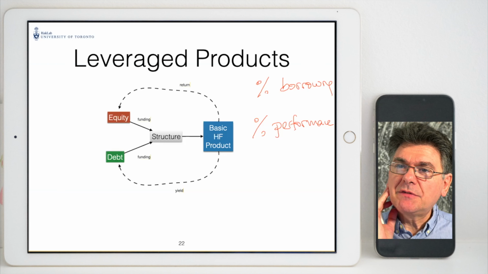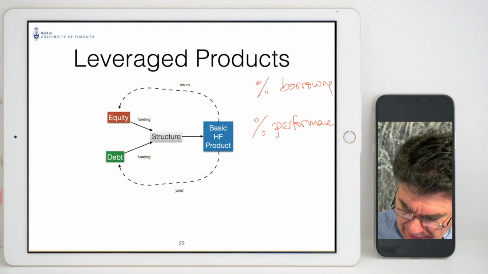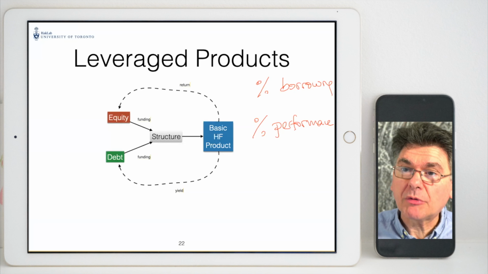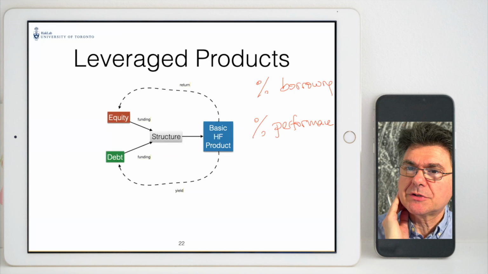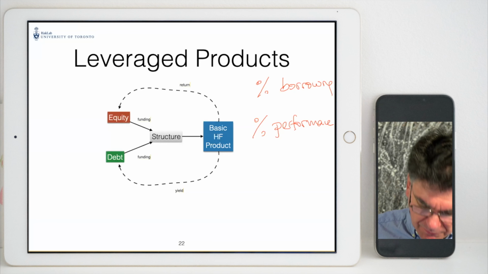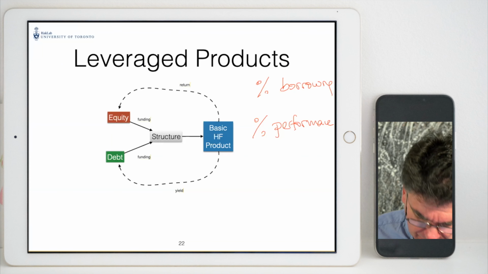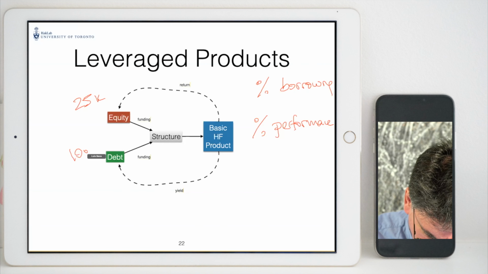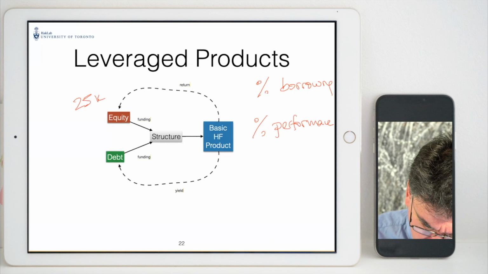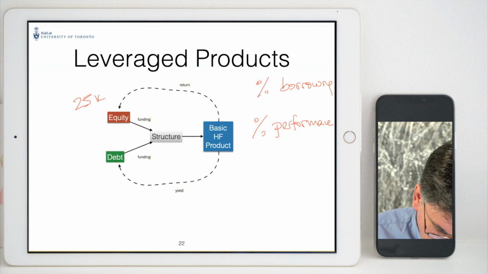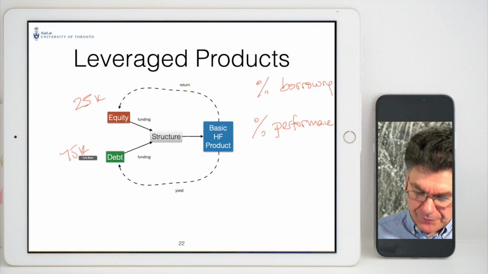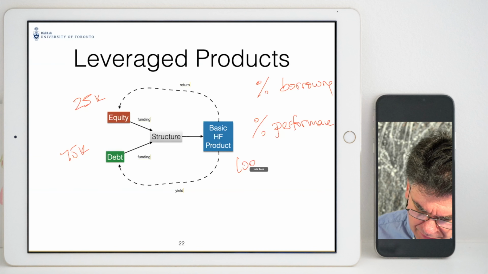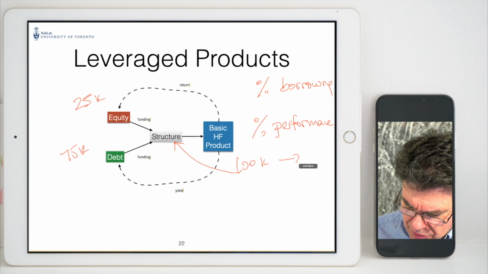So if this is what you get, that 10% at 0% borrowing, of course you want to do this. You want to borrow as much as you can. Because if you look at the previous example, you have 25,000 of yours, and you borrow 75,000. The 100,000 that you have here is going to give you 10,000.